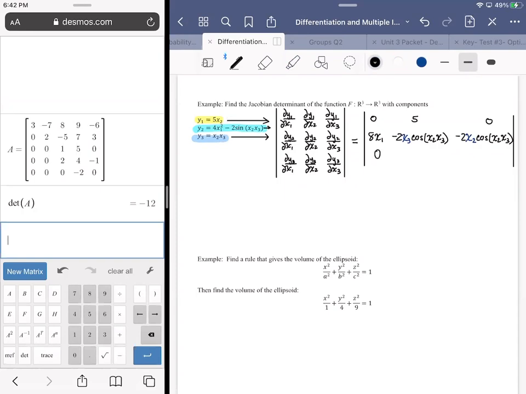With respect to x sub 2, the x sub 2 goes to 1, so it becomes x sub 3. And with respect to x sub 3, the x sub 3 goes to 1, so x sub 2. So now we just have to find the determinant.